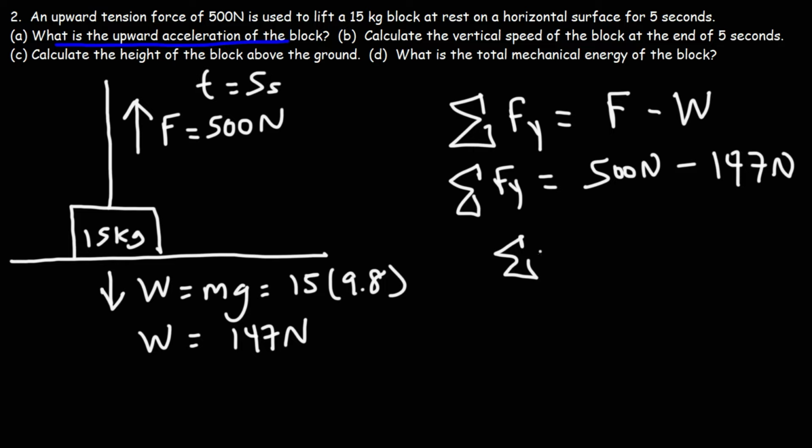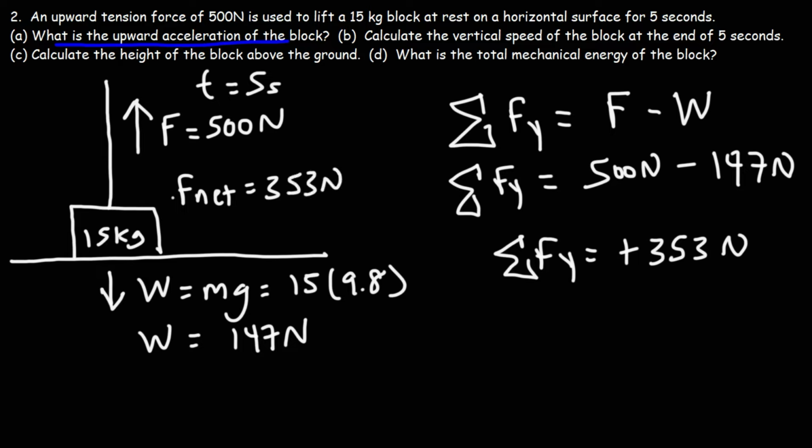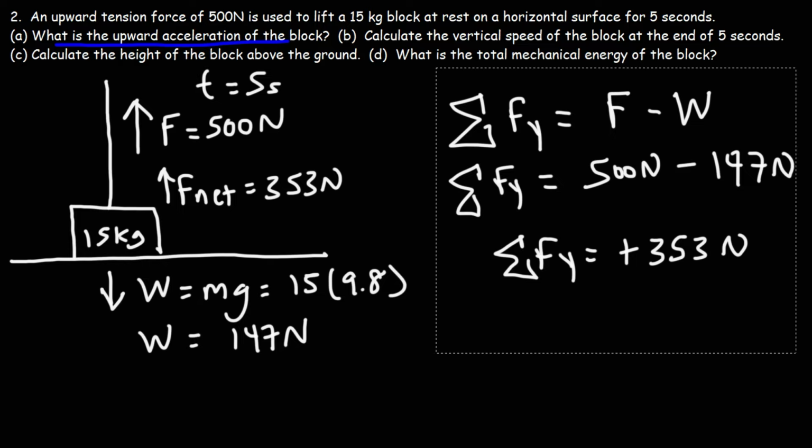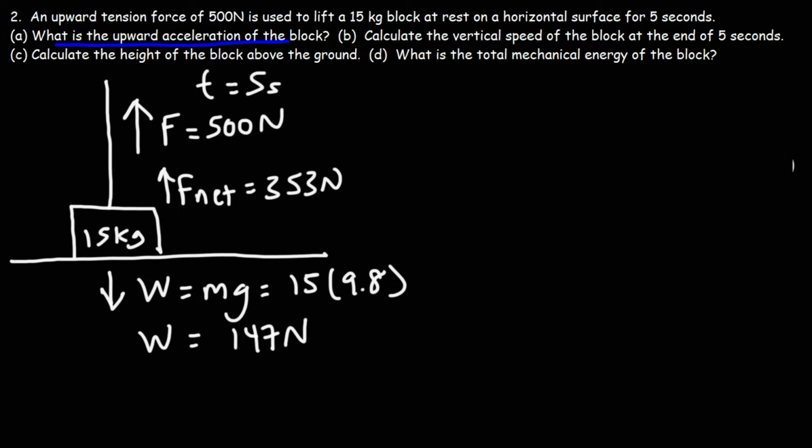So the net force in the y direction is positive 353 newtons. So we can write that here. That's going to be the upward net force. So now that we know the net force in the y direction, we can calculate the acceleration in the y direction.